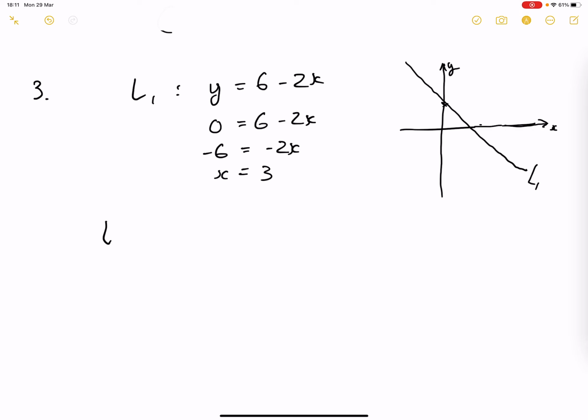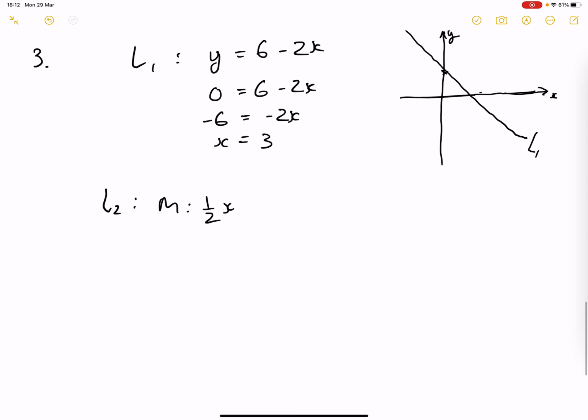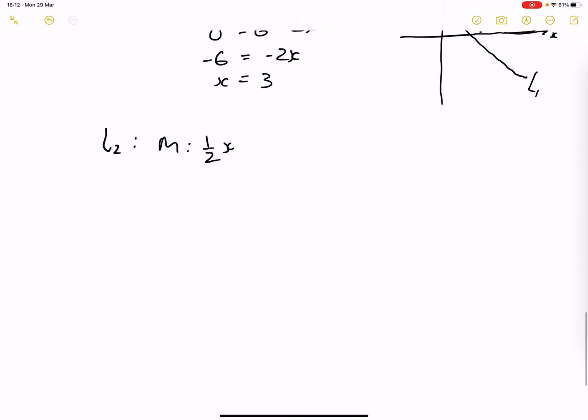And then we're told that L2, a second line, is perpendicular to L1, so that means that its gradient will be equal to a half, because it has to be the negative reciprocal of the gradient of the other line to be perpendicular. So it is perpendicular to L1 and passes through the point minus 6, 0. So it has the equation y is equal to half x plus c.